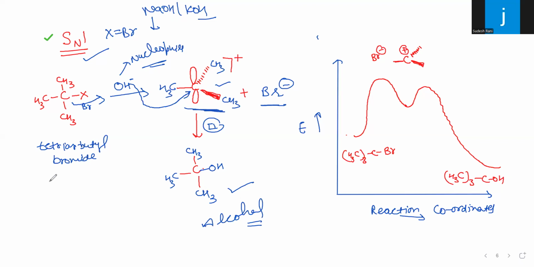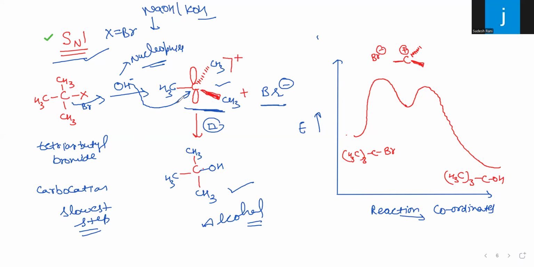Okay. So in this reaction, what is the rate determining step? The step in which there is formation of carbocation. It is the slowest step. As in SN1 mechanism, there are two steps. First one is the formation of intermediate and the second one is the attack of nucleophile.